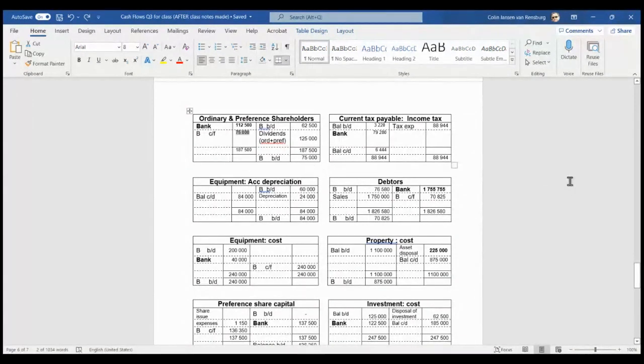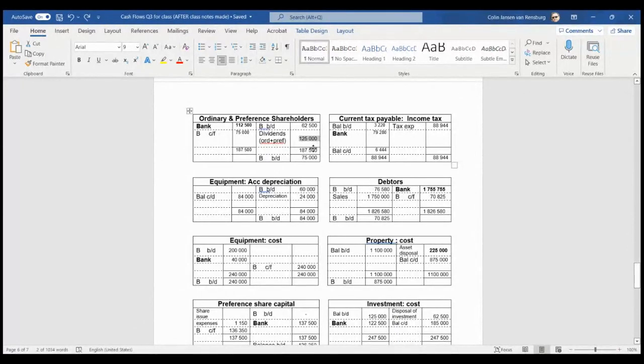The other figure that we can find in our statement of changes in equity, we've already seen that it is a total of 125,000 when we would have accrued the dividends that were declared. We would have debited dividends declared, and we would have credited, we would have raised the liability towards our shareholders, right?